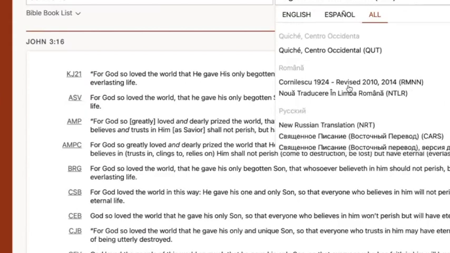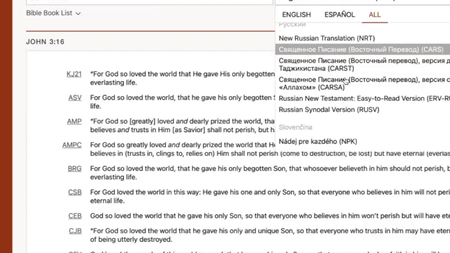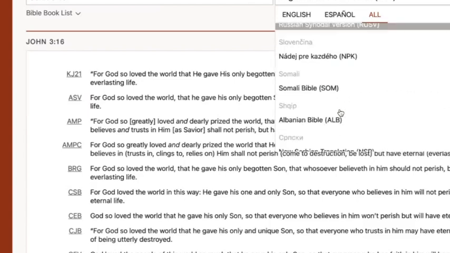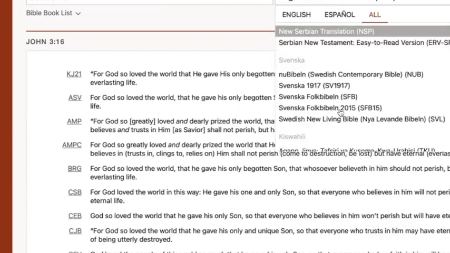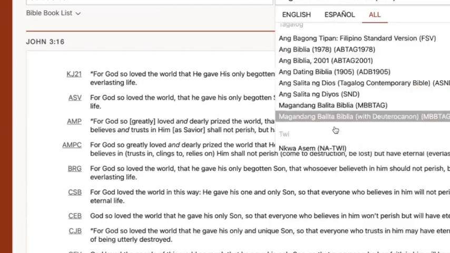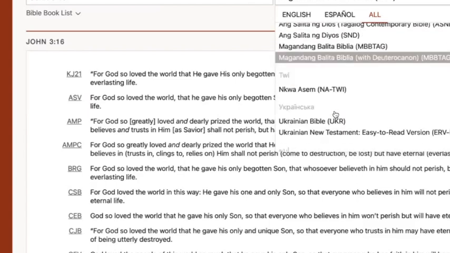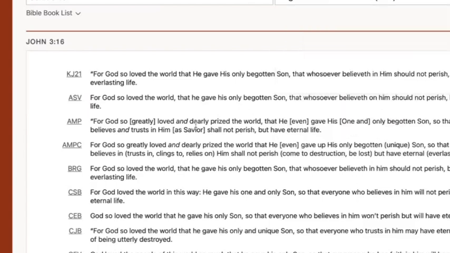And so some languages will have multiple translations. For example, Russian, they have quite a few here. Some will only have one version. There's quite a few in Tagalog, quite a list of Tagalog Bibles. But anyway, so the question is, why do we have so many different translations, and what do they mean?